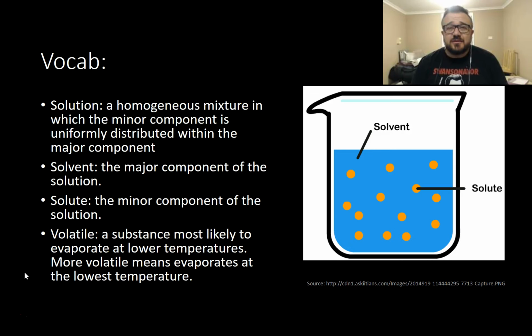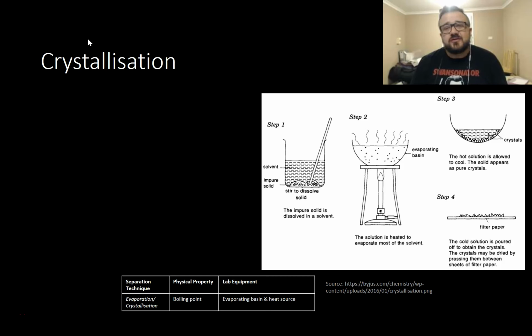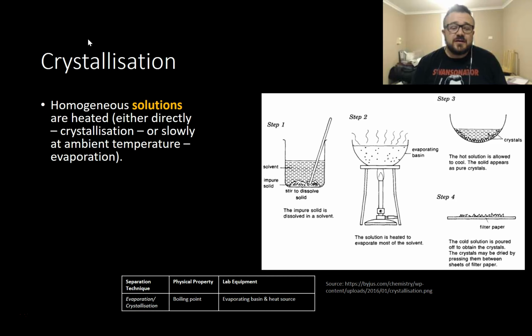Just pause the video, write this down, and we'll use this to refer back to as we continue on with the lesson. So we're going to use crystallization to separate a solute from its solvent. So in other words, in this point we have a homogeneous solution, and these are either heated directly, so we put a flame under it, or a water bath, or maybe a hot plate, and we heat it directly, or we'll leave it to evaporate slowly in the ambient temperature.